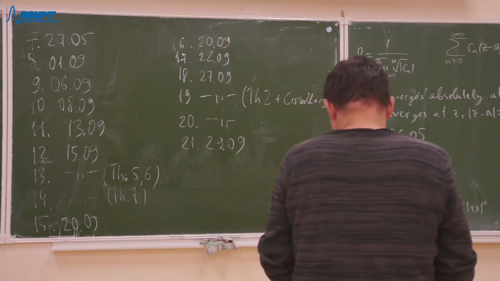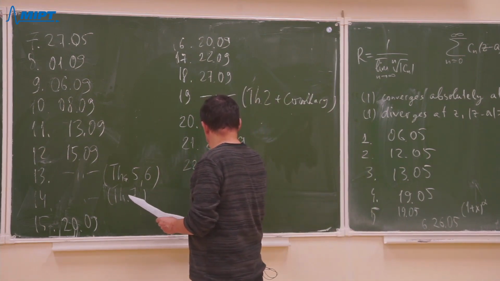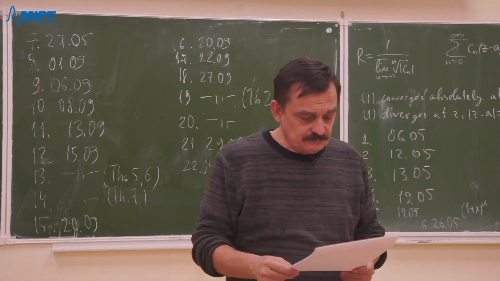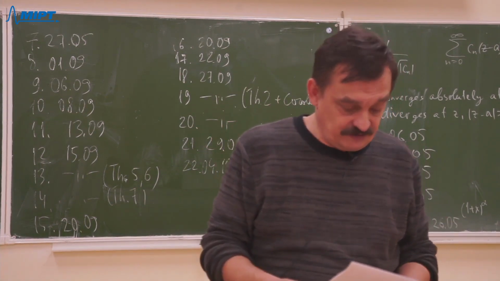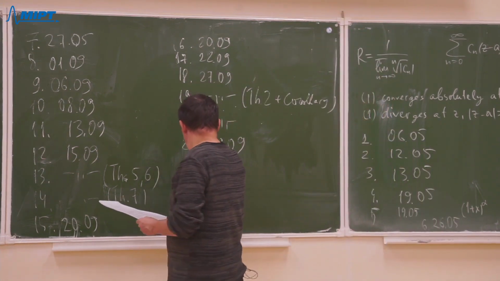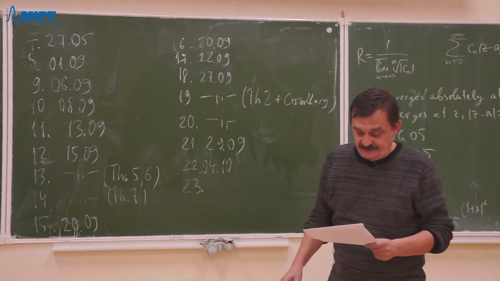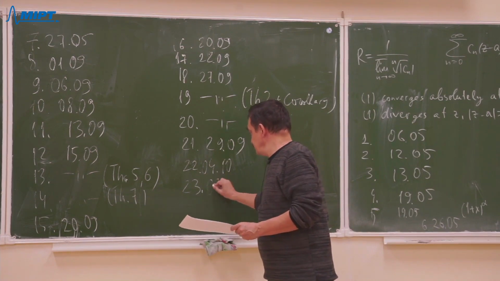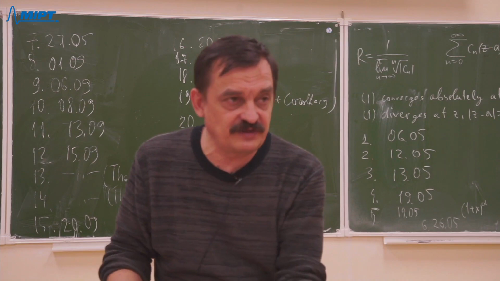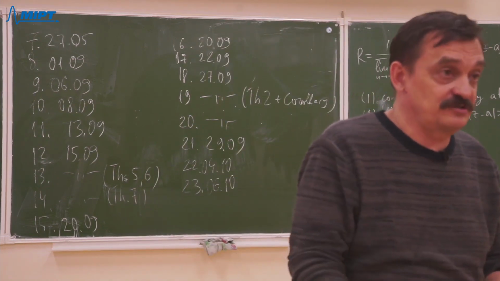So question 22, it was given on the 4th of October. 23rd question: second order approximation of a curve in R3. So here you should give that theorem, right? Which includes several definitions, right?